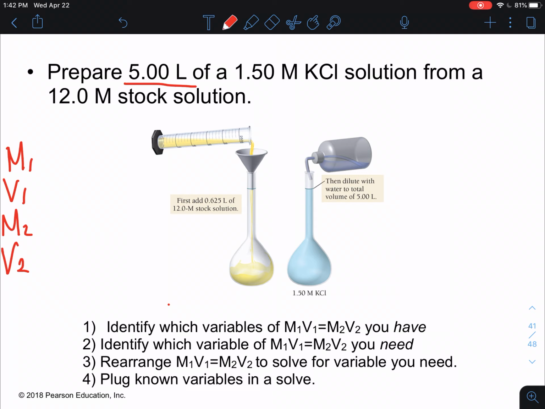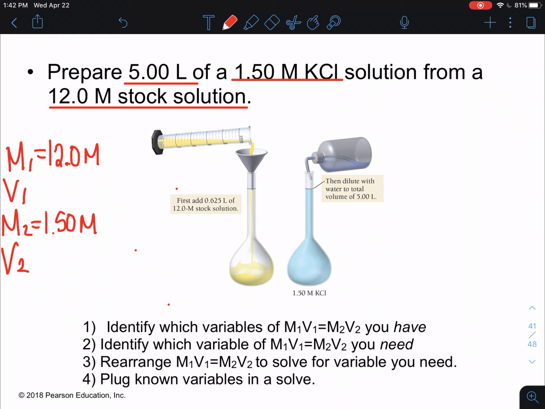So you're going to prepare 5 liters of a 1.5 molar KCl solution from a 12.0 molar stock solution. All right. So M1, our original concentration, we're starting off with 12.00 molar. We need to end with 1.50 molar.